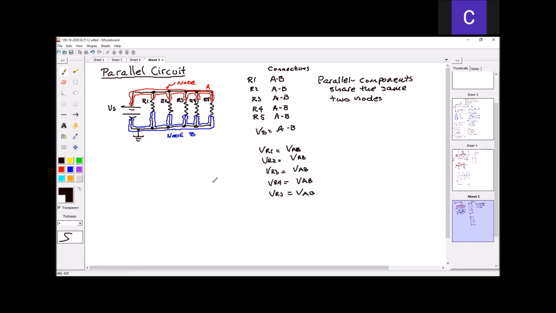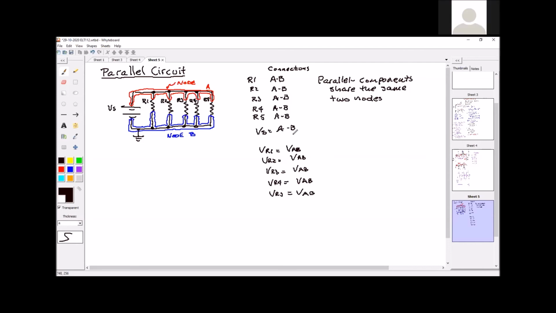We figured out that VR1 is VAB and VR2 is VAB and VR3 is VAB and VR4 is VAB. So what can you say about all of the voltages?